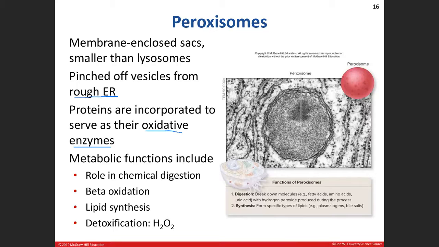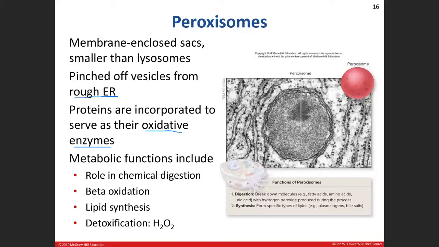So perfect example, hydrogen peroxide is a very potent cell detoxification chemical, and hydrogen peroxide has the potential to destroy some pretty powerful bacteria. So these peroxisomes will fuse with some of these bacteria and then just dump their hydrogen peroxide right onto that bacteria and just slaughter it.